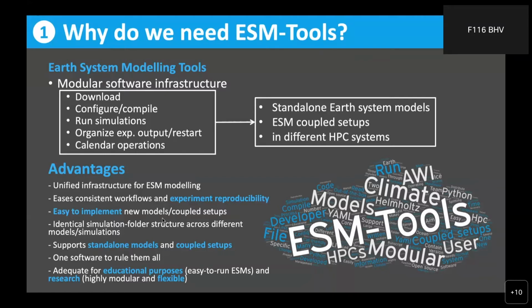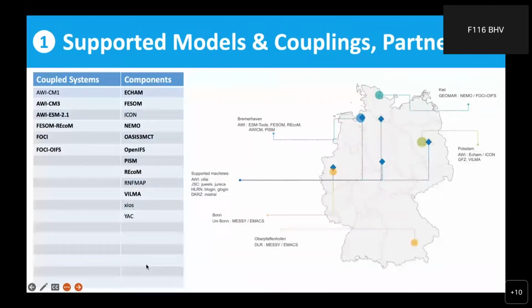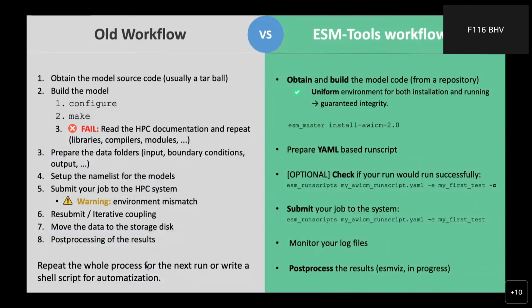So they can be used, for example, for educational purposes, but because it is modular and highly flexible, it's also pretty good for research. So yeah, these are the models that we are supporting, but I think this is enough advertisement. I think you all know this very well here at AWI.